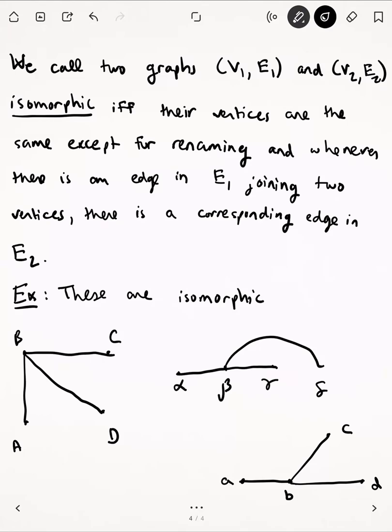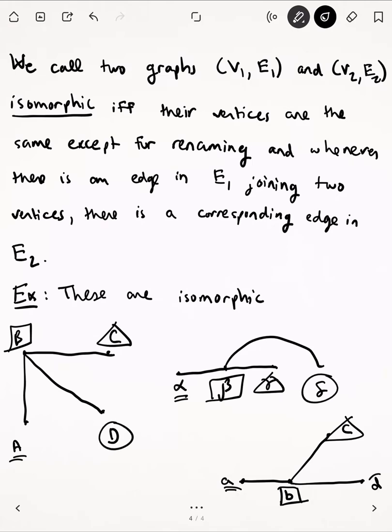We've drawn the graphs in different ways, and we've just given the vertices different labels. So we can make a connection between A, capital A, alpha, and little a, but then you can also make a connection between B, beta, and little b, and C, gamma, and little c, and then D, delta, and little d.